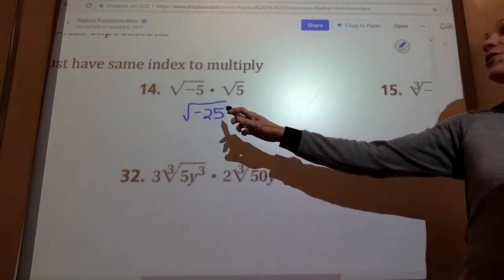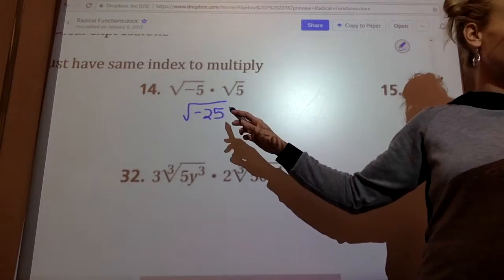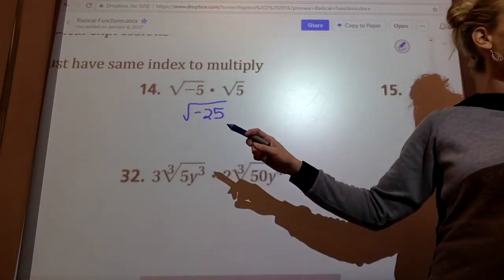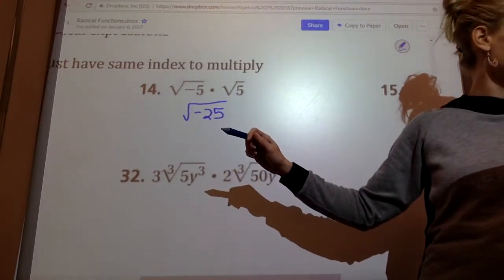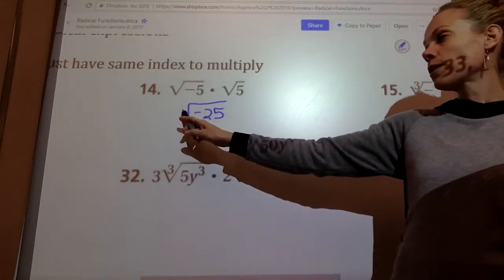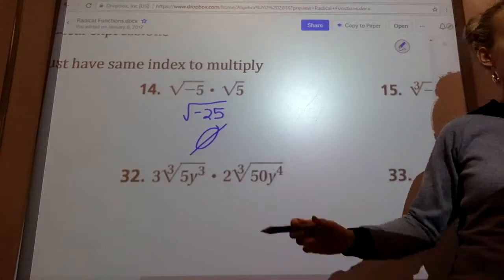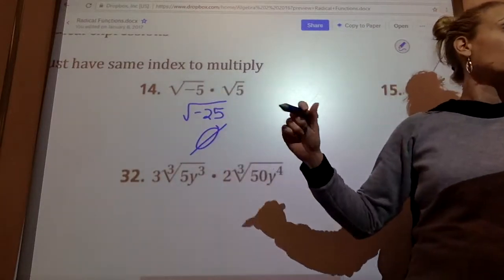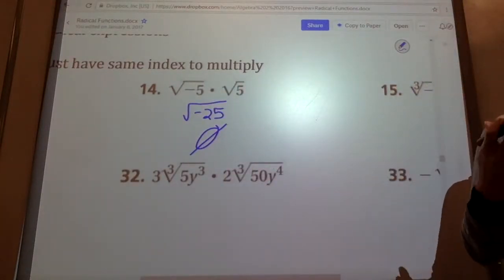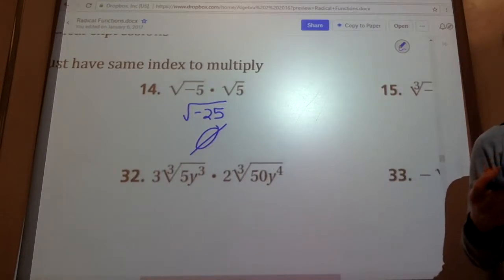You can't have a negative, right? We no longer recognize complex numbers. So since this is a square root, an even index, and a negative, this would be no solution. So even though they were the same index, you still have to be careful that if it's negative and even index, you can't do it.